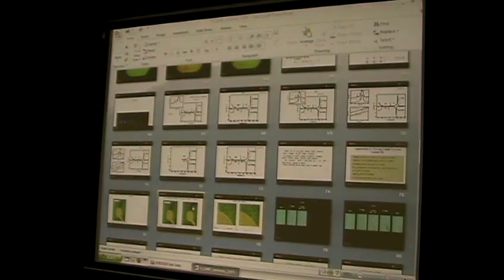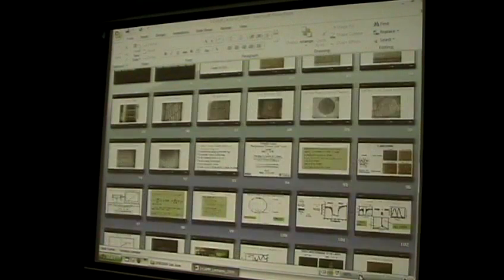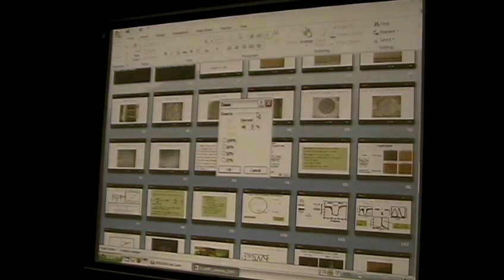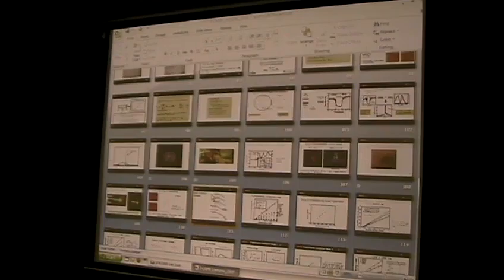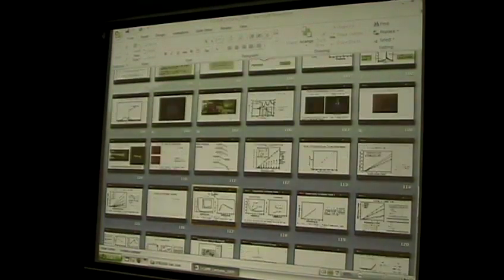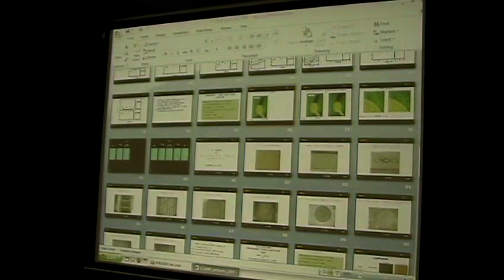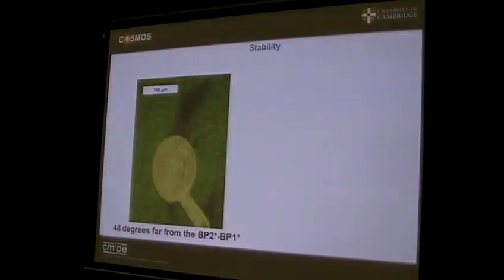Something I didn't talk about yesterday, because the blue phase is the most fragile of the phases.